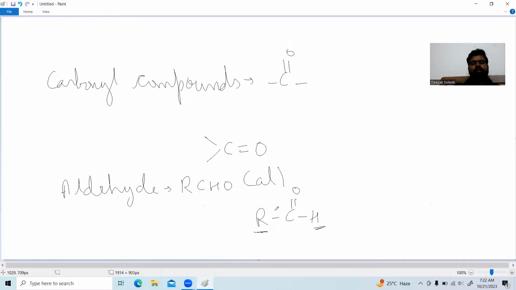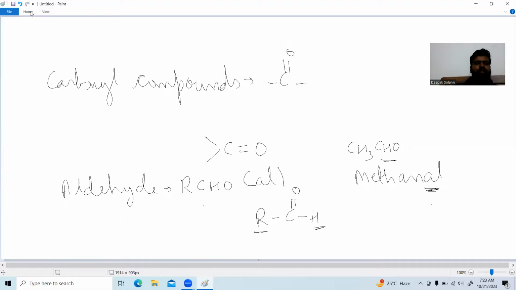Al will be the suffix used. For example, we can take CH3CHO. CH3CHO will be the example. We can write with single bond, an, and we have to skip e, and al is the suffix for aldehyde.